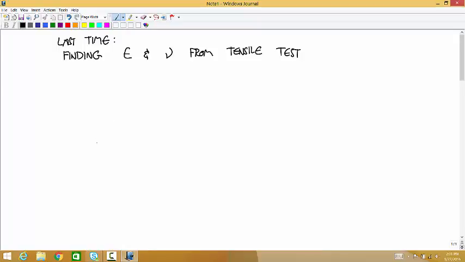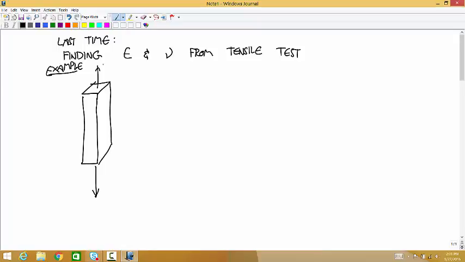So let's say that you have a material sample and you put it into tension, let's say 5,000 newtons, up and down.